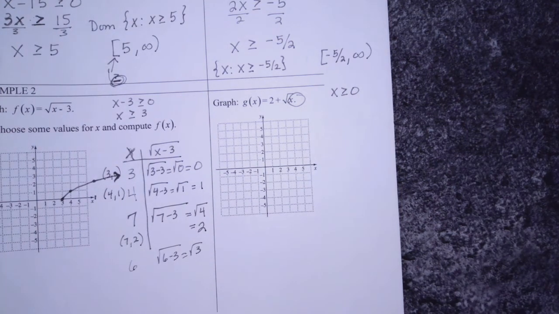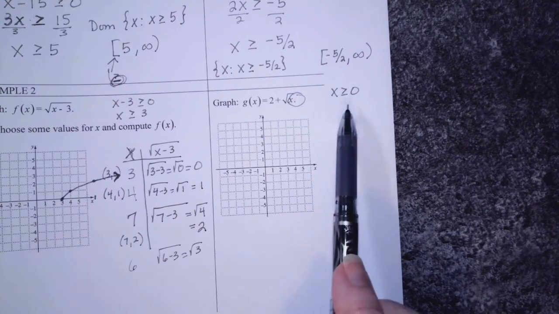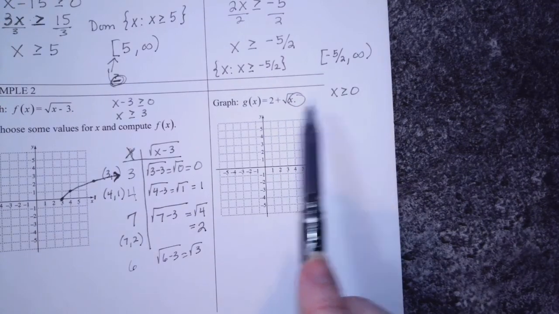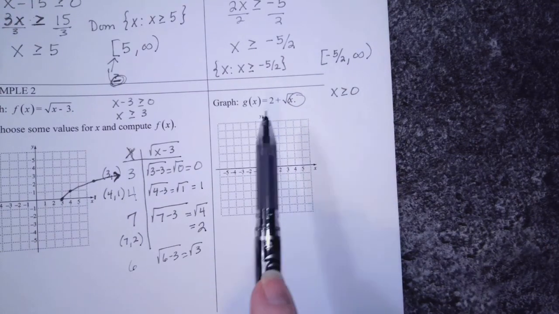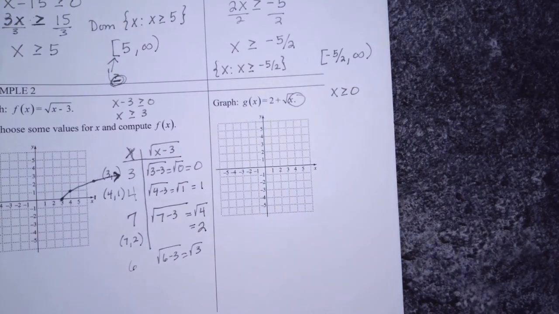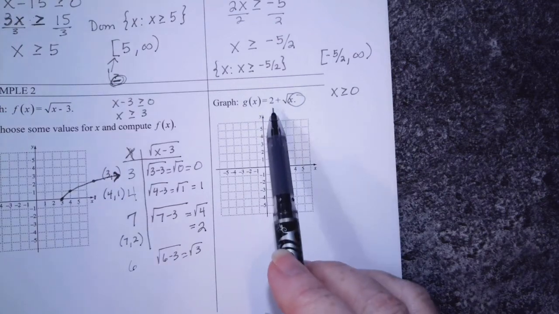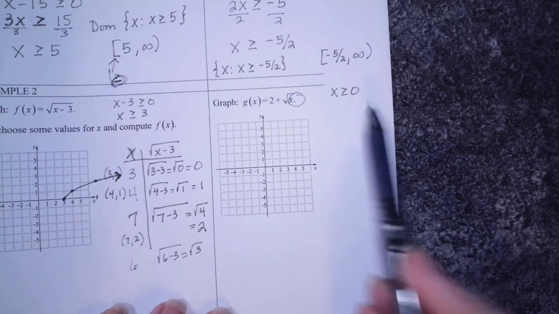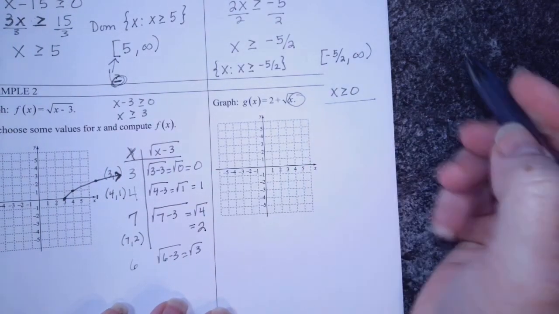What's nice about that one is I didn't even have to do any solving. Since it's just an x, the domain there would be x is bigger than or equal to 0. Since this part is just a 2, it doesn't restrict the domain at all. It doesn't matter what x is. So the domain would start at 0.